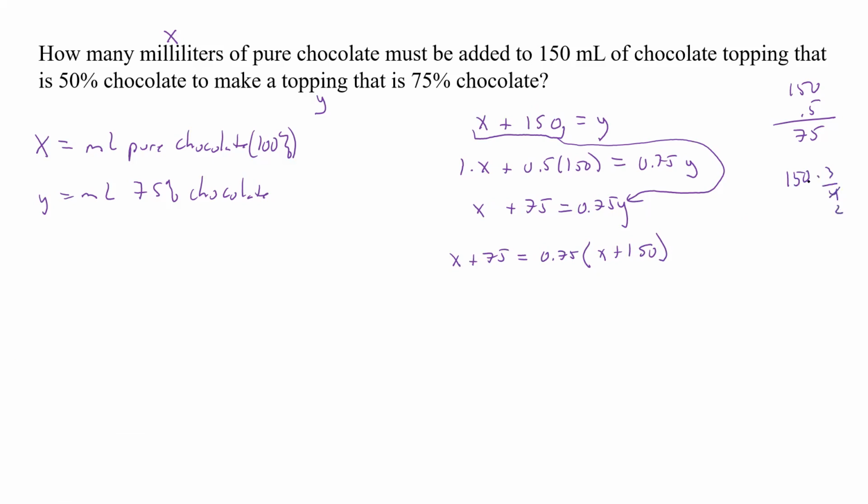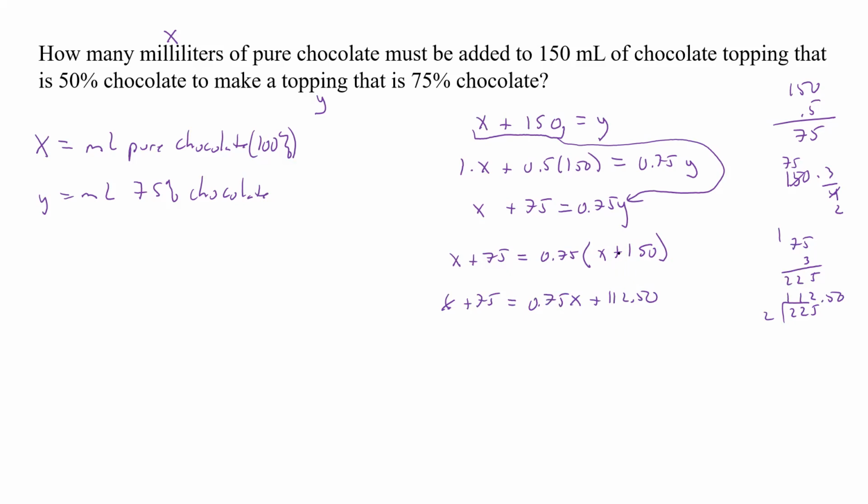Well, 2 goes in here twice, 2 goes in here 75 times. And so that gives us 75 times 3, that's 225. And so 225 divided by 2 is 112.50. So x plus 75 equals 0.75x plus 112.50.